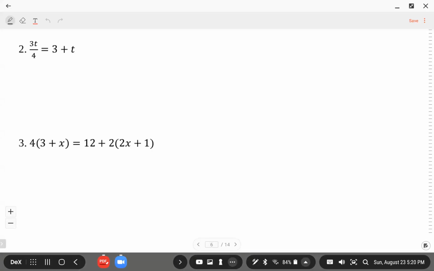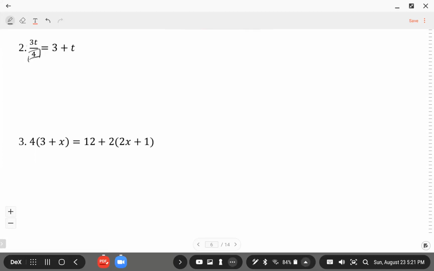So remember, last class I told you to get rid of fractions. Remember fractions, this fraction right here, 3t is being divided by 4. And remember, the inverse operation of division is multiplication.